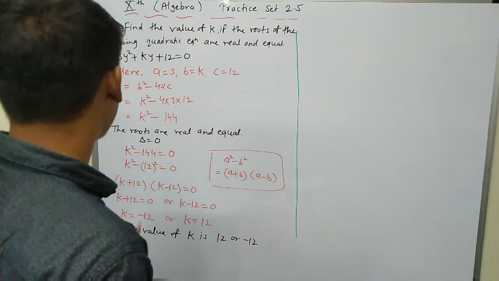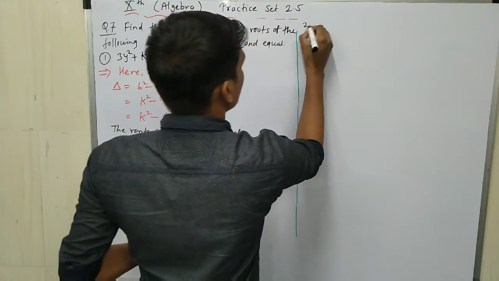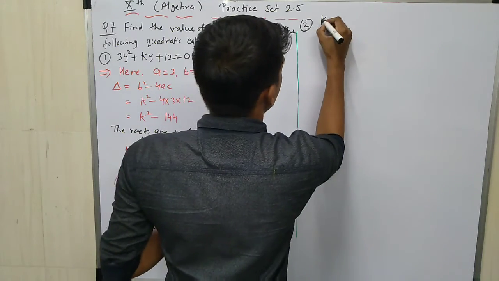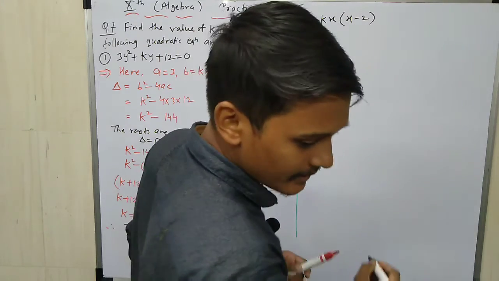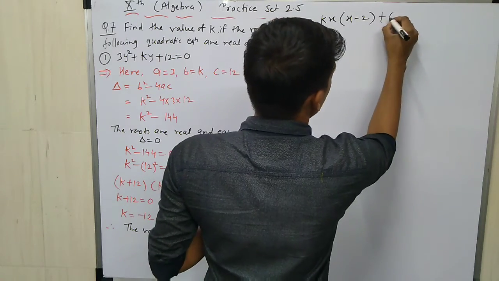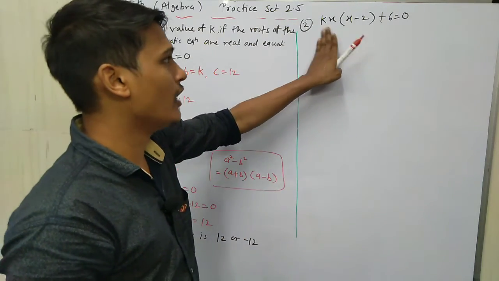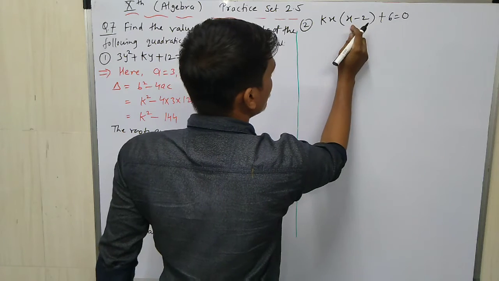Understood? Now second question is kx(x minus 2) plus 6 is equal to 0. First solve this equation. There is a bracket; multiply this.